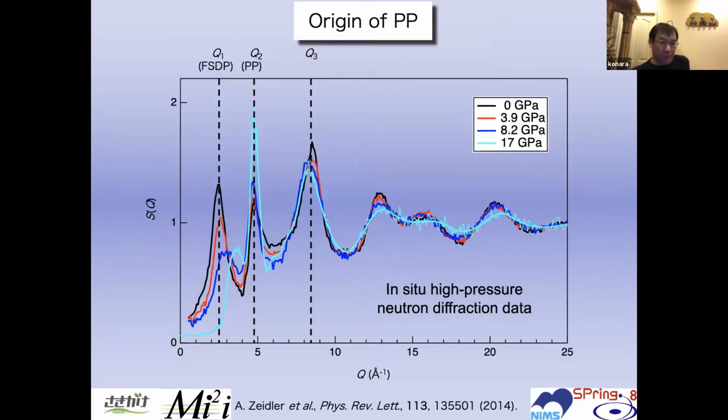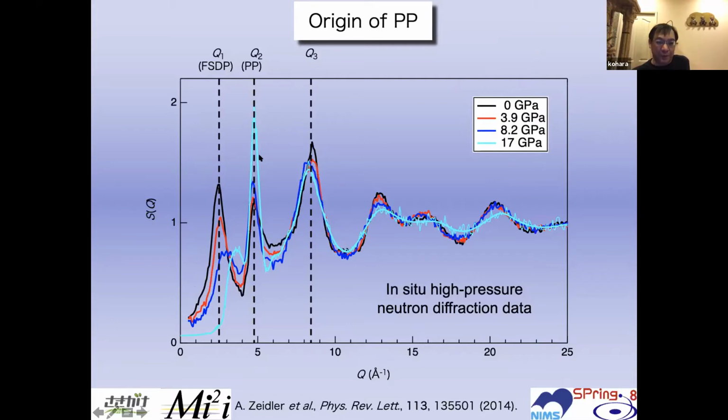And I would like to mention a little bit about the origin of the principal peak. This is the principal peak. This is state-of-the-art neutron diffraction data under high pressure, reported by Salmon and Zeidler. This is in situ high pressure data. If we increase pressure, we can observe diminishment of the FSDP, but instead the principal peak becomes very, very sharp.